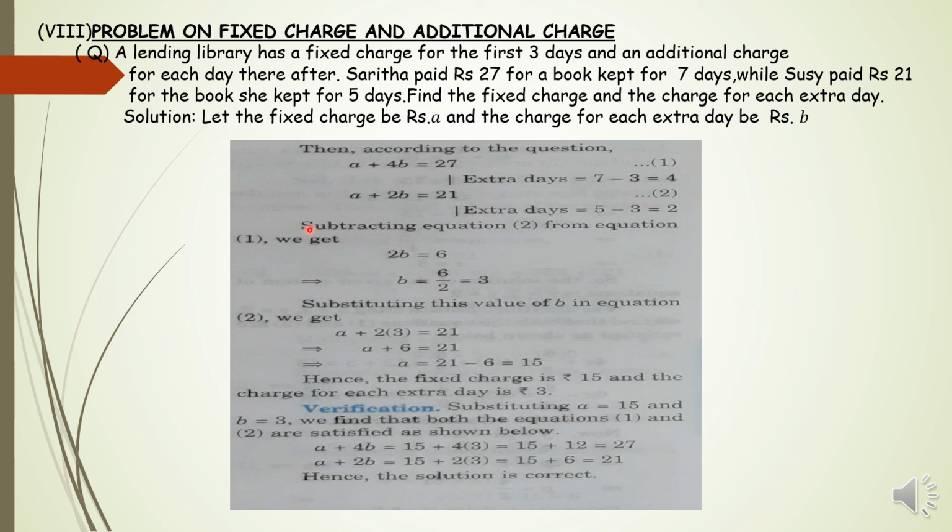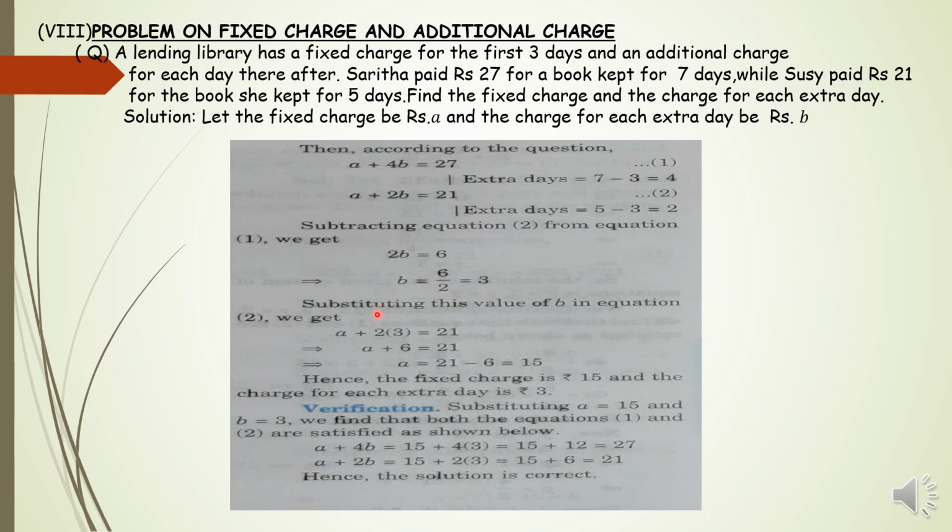We can eliminate A by subtracting equation number 2 from equation number 1. We will get 4B minus 2B, which is equal to 2B, and 27 minus 21, that is equal to 6. That is B is equal to 6 by 2, which is equal to 3.